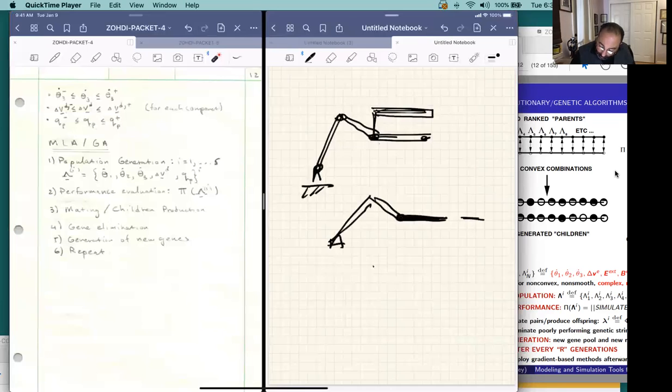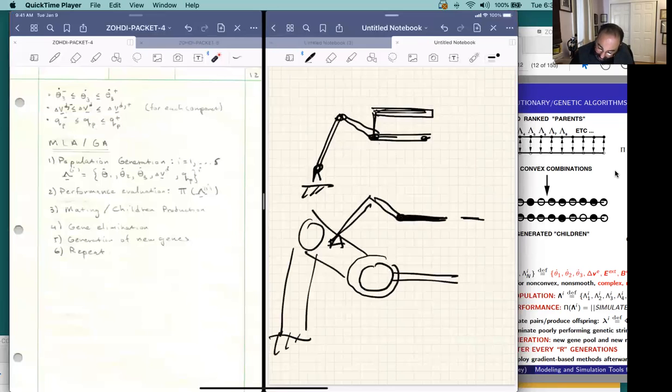Now, the way that's physically done is typically the arm here is a ball and socket type of joint as opposed to a pin joint that is shown here. So let's suppose this was a pin joint. This is a ball and socket joint, for example, much like what you have in your hip.